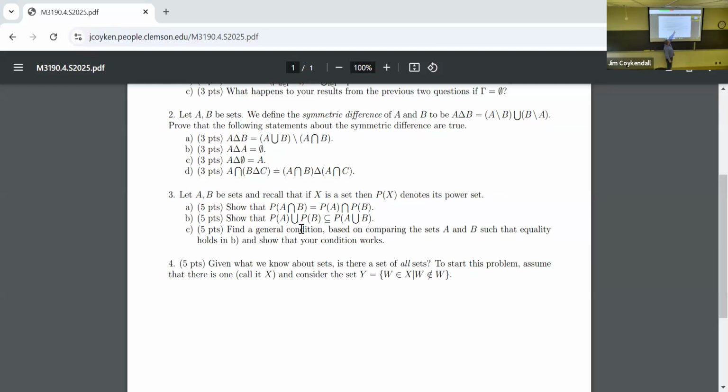And think about this set here: the set Y of all sets that do not contain themselves as an element. Remember how we talked about the possibility of a set containing itself as an element, right? The set of abstract thoughts being an abstract thought. Think about this and see if you can figure out if there's a set of all sets or not. That one's kind of a fun brain teaser. Any questions on that?